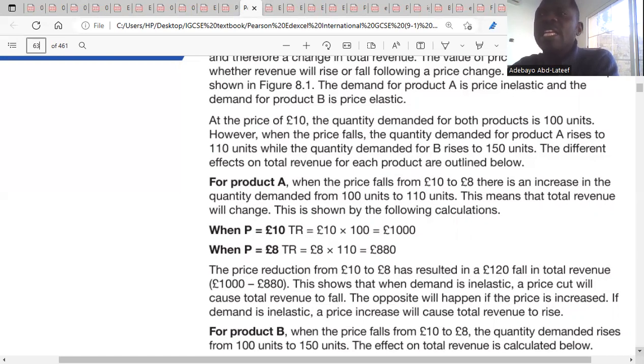So we have 110 multiplied by 8, and our total revenue becomes $880. The total revenue has changed because there's a change in the quantity demanded of the product. Is it clear? Any question about that?